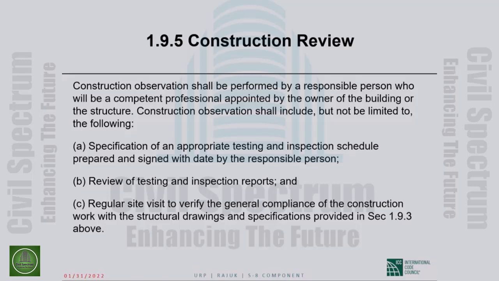There is also, very importantly, inspection by the jurisdiction. In your case, RAJUK inspectors. That is on top of this, that is in addition to this. Both need to happen.